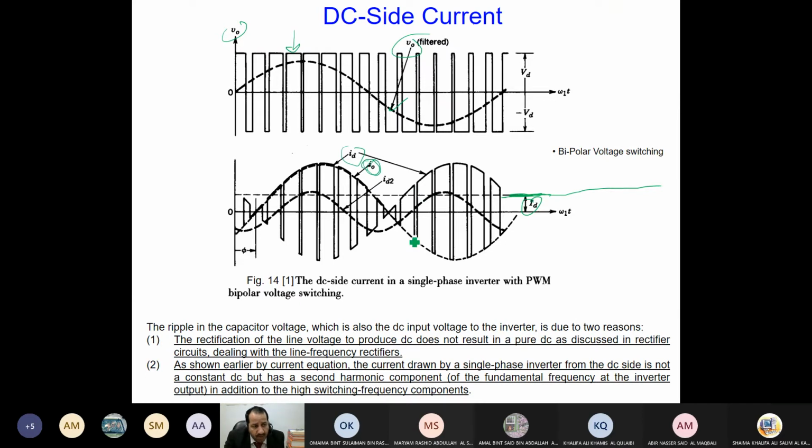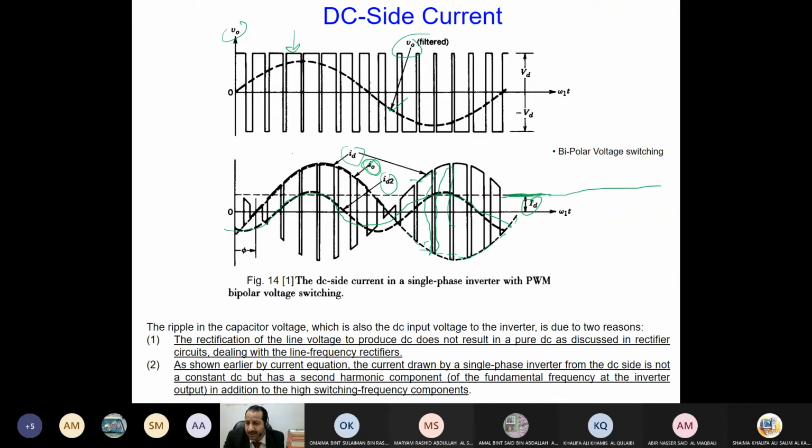First of all, IO is this dotted sinusoidal line, and ID2, which is the component with double frequency, as you can see here, double frequency, two peaks for one cycle, or two waveforms for one cycle. And ID, as you can see here, increases and decreases.